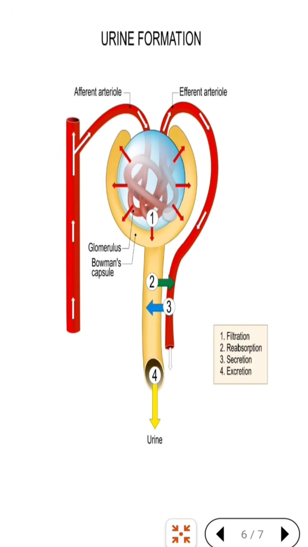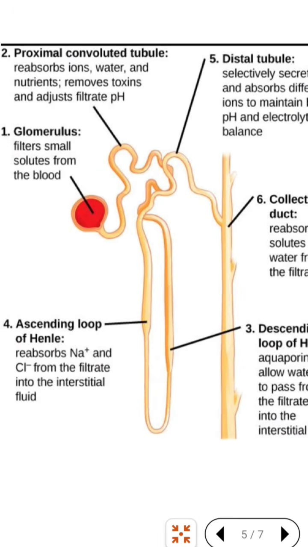Due to the pressure, some important nutrients and ions come into this Bowman's capsule, like Na+ (sodium ion), chloride ion, and nutrients, H2O. This one comes into the Bowman's capsule, and then reabsorption occurs. All the important materials are reabsorbed.